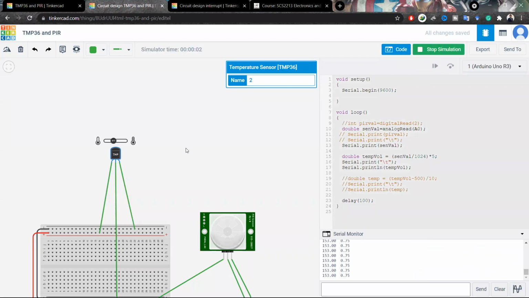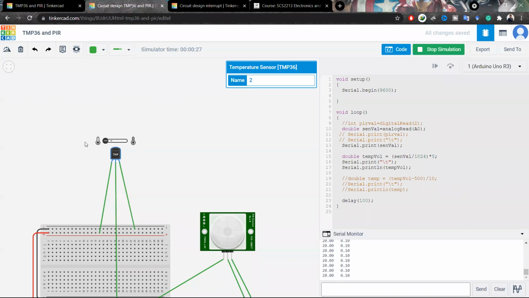At this point, we have the sensor reading as 153. The voltage is like 0.75. If we increase the temperature of the sensor like this by sliding, you can see that it will increase to 1.75. Just a very small scale like this.